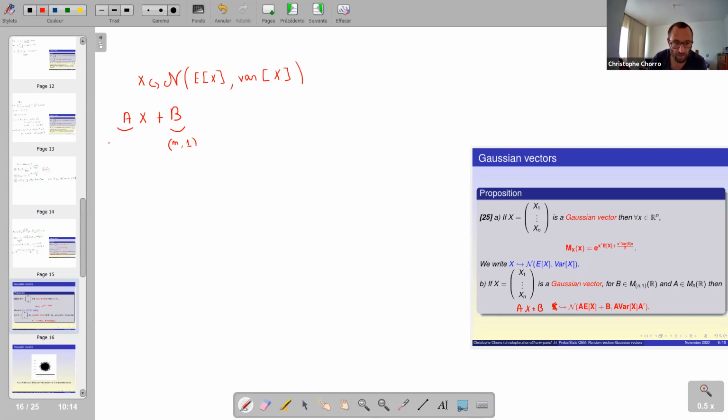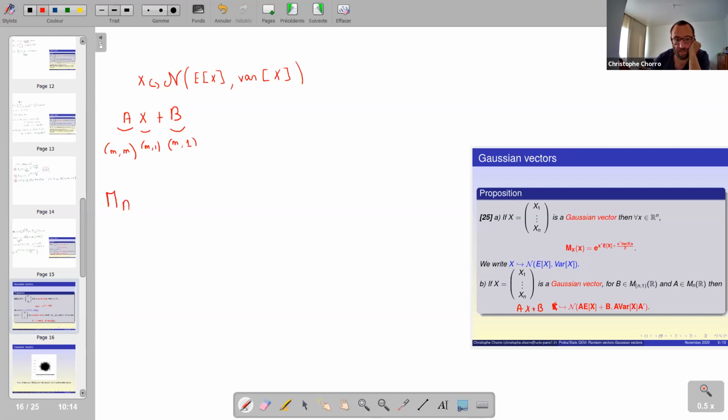Here I have a matrix of size n by n, but inside I have numbers, I don't have random variables. And here I have my random vector of size n by 1. So it means that here I have a random vector of size n by 1, using the product rule of matrix computation.